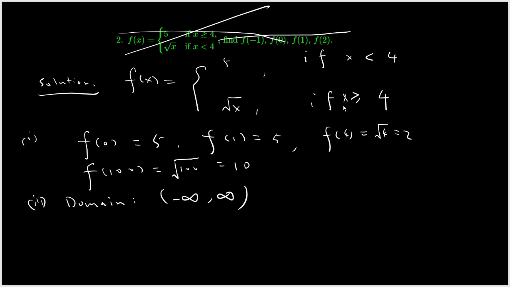I think that's question 2. I will show you the sketch. And by the way, for piecewise defined functions, it's hard for me to use a software graphing calculator like Desmos to draw them.